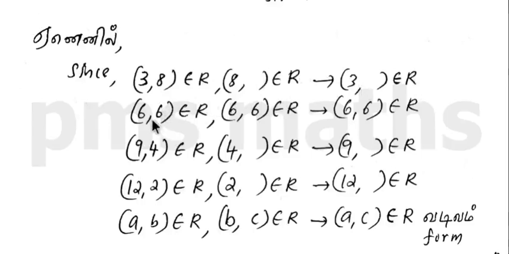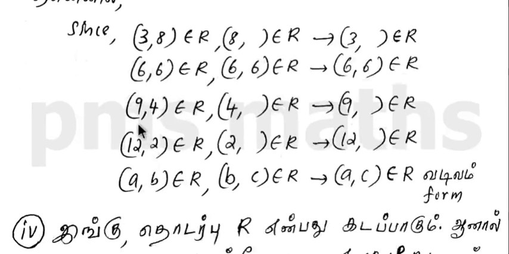Again, take the second one. (6, 6) belongs to R. Then write again (6, 6) belongs to R, gives (6, 6) belongs to R. That means (a, b) belongs to R, (b, c) belongs to R gives (a, c) belongs to R. Then take the third one, (9, 4) belongs to R. But for 4 comma, there is no such element, so it is null.